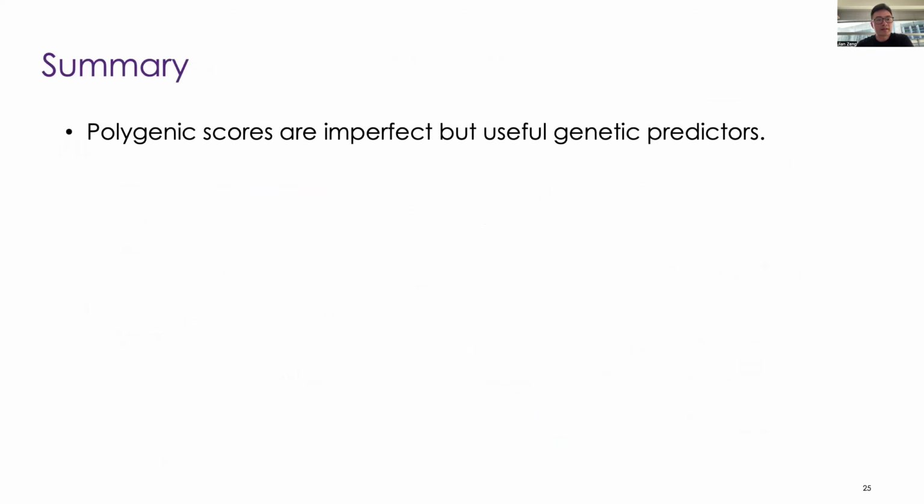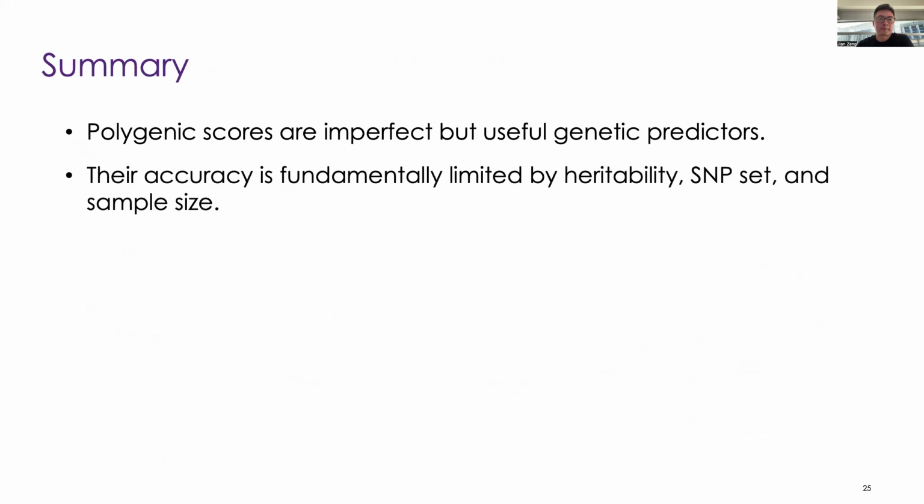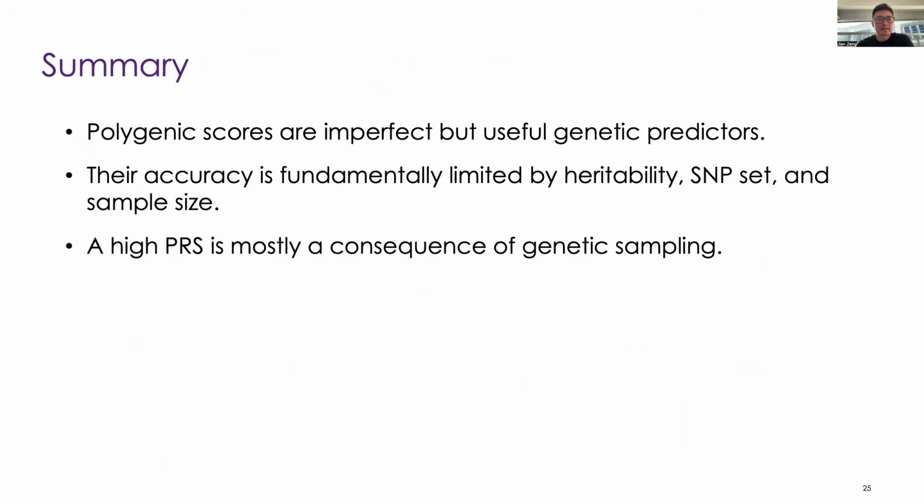So in summary, polygenic scores are imperfect but useful genetic predictors. Their accuracy is fundamentally limited by the heritability of the traits, the SNP set, and the sample size in GWAS. A high PRS is mostly a consequence of genetic sampling.